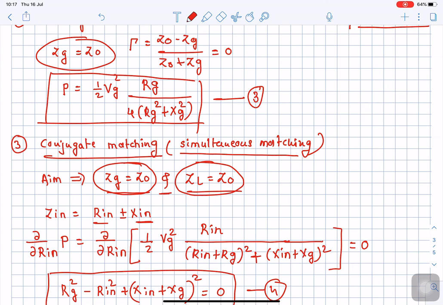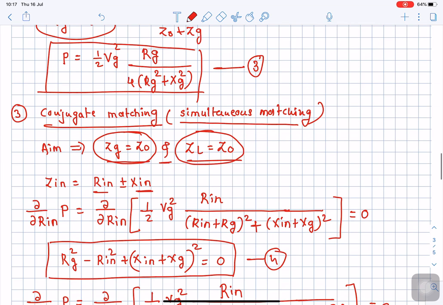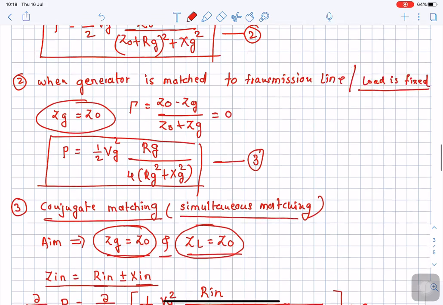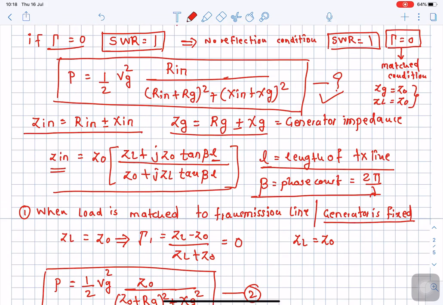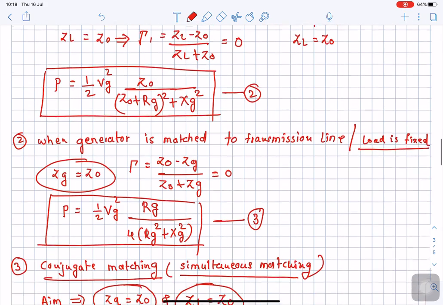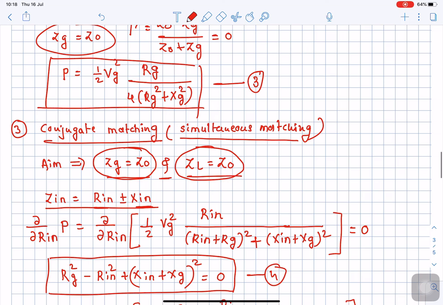At that time we know that the input impedance is represented as Zin equal to a real part plus some imaginary part. For the power equation that we know from the equation above, we take the derivative of the power with respect to the real part of the input impedance.